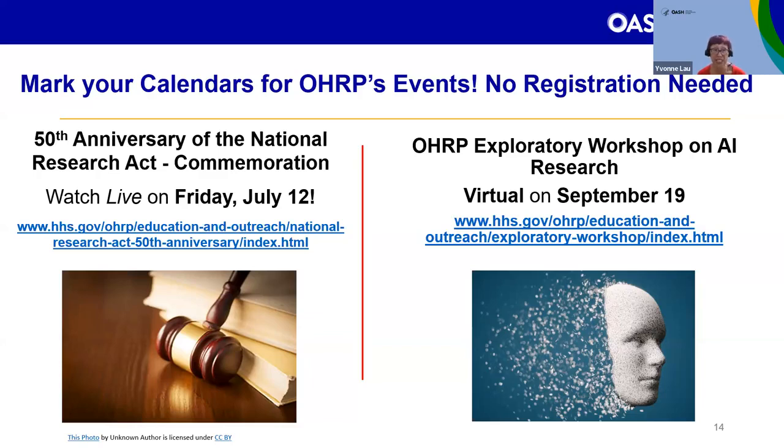This is going to happen on July the 12th, at 12 o'clock Eastern time. You can find the information on our website. If you're on our homepage, you can click on the banner and it will take you to the details for that event. It is going to be a 2.5 hour event, and we're going to look at the past, the present, and into the future.